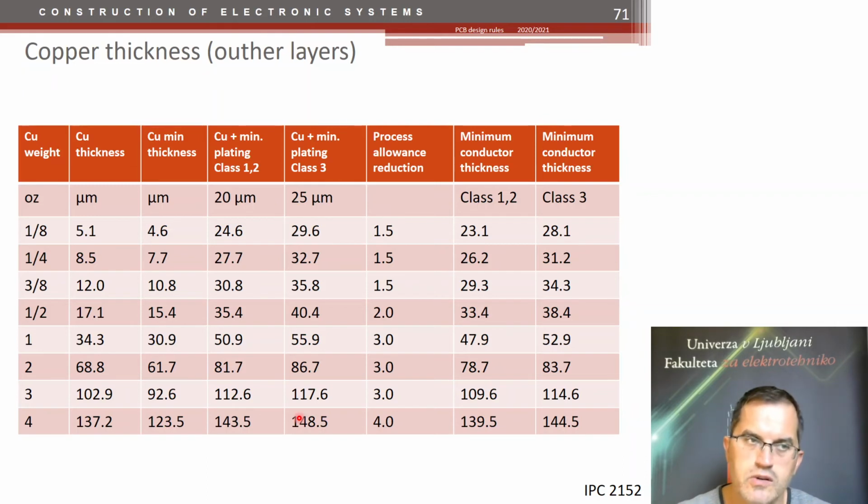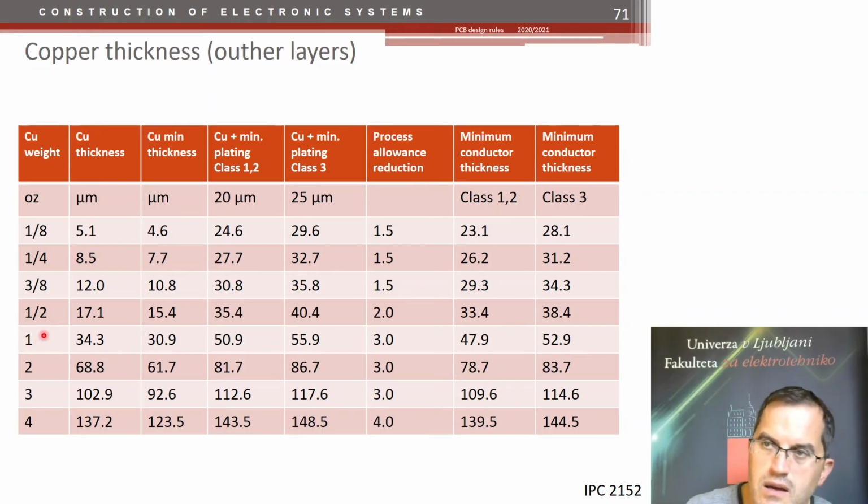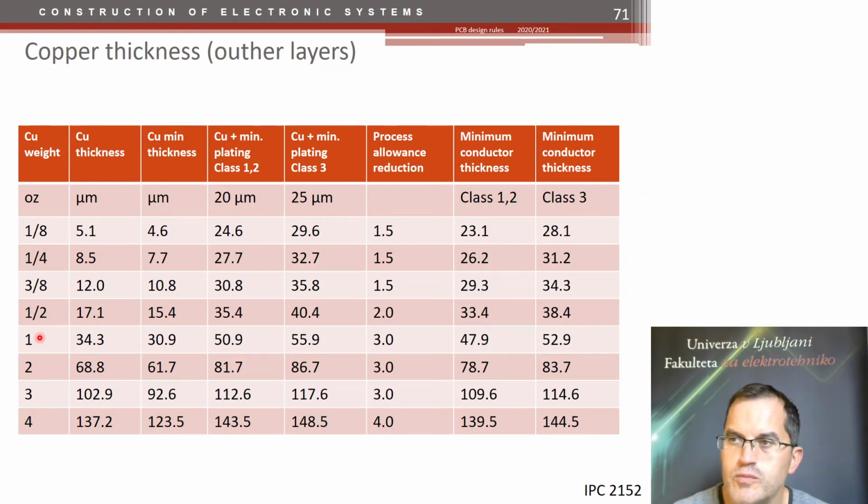These are two charts that tell you what is the tolerance of the copper thickness. If you say I have 1 ounce per square foot, that means nominally 35 microns, it could be between 30 and 50 or 55 even.